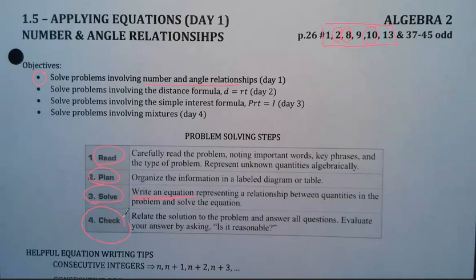Sometimes checking, especially if you're working with someone, is as simple as asking, did you get 16 feet for this? And sometimes it's going back and checking the problem, putting your number in and checking your math. There are different ways to check, and we do lots of different ones too. So read, plan, solve, and check.